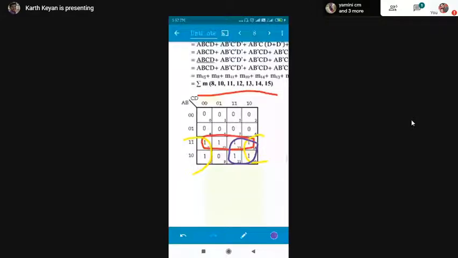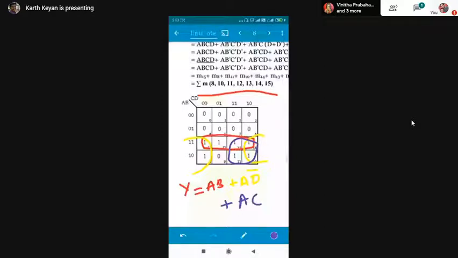The first equation is your AB. The second equation: left side you have A, then top you have the D bar. Then third group: left side is A, and top we have the C. AB plus AD bar plus AC. The respective colors I mentioned in that.